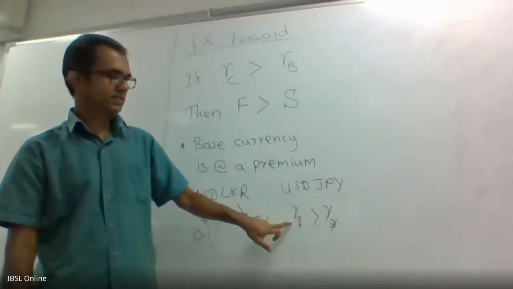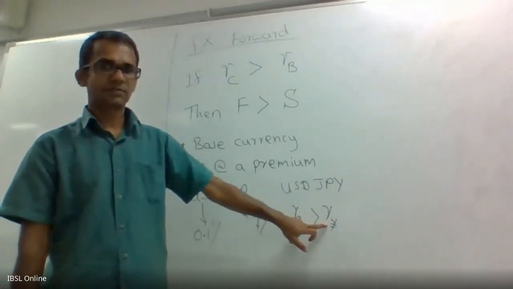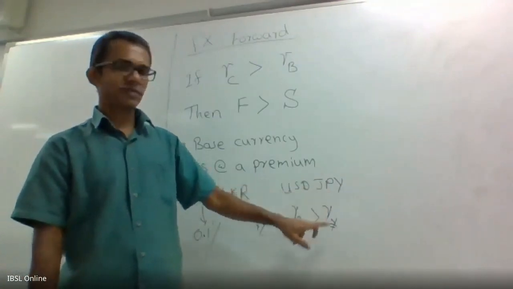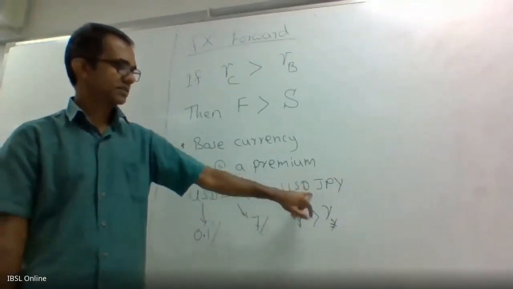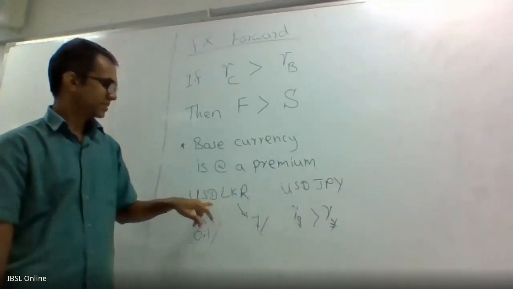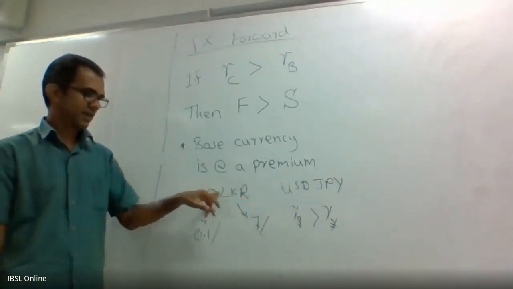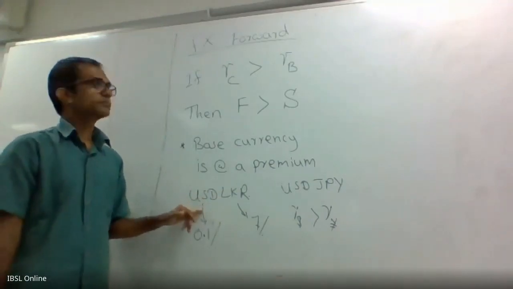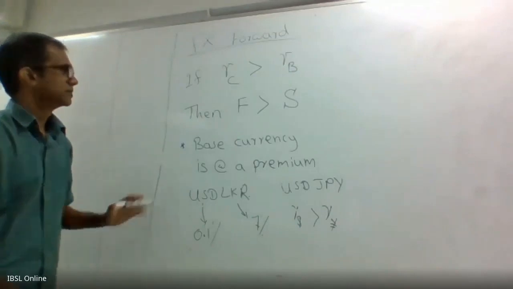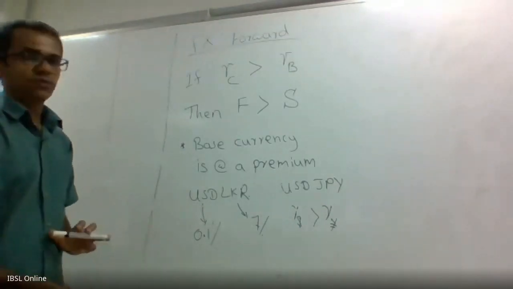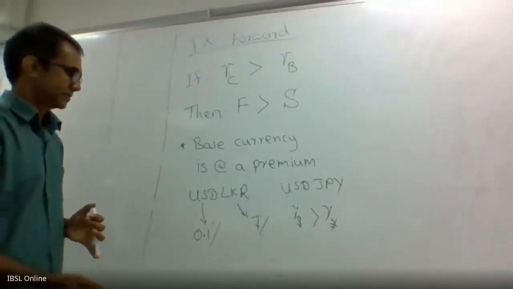Base currency interest rate is higher than the interest rate of the counter currency. Forward rate is less than the spot rate. So dollar is at a discount. In the previous example, dollar is at a premium. So this is how we calculate forward rates.